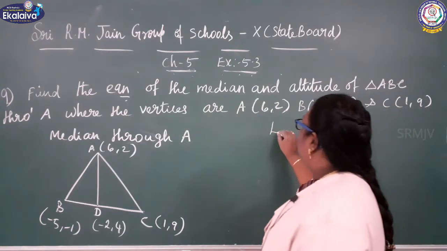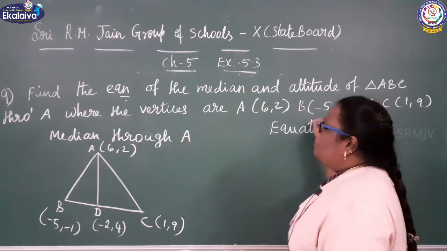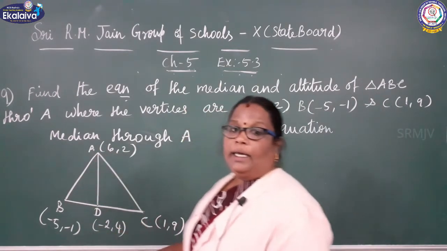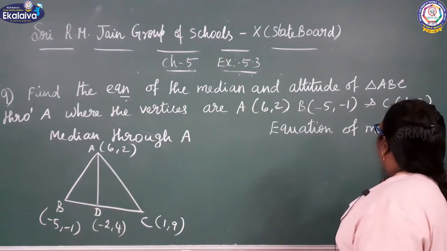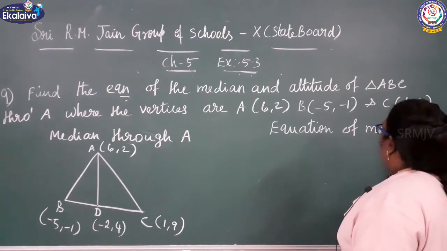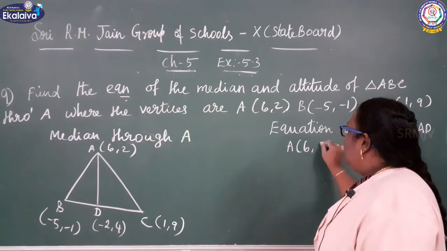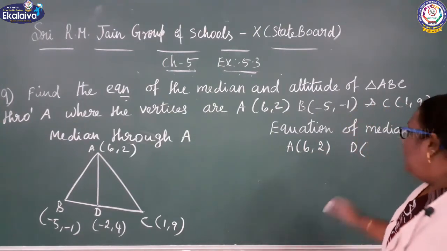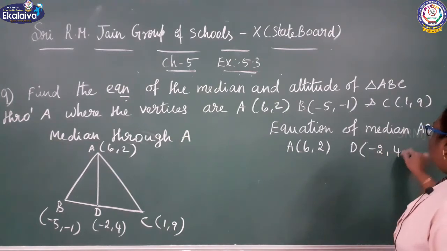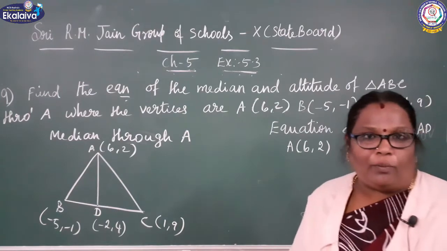Equation of median AD. A point is 6, 2 and D point is minus 2, 4. So you know the formula: equation of the line passing through two given points.